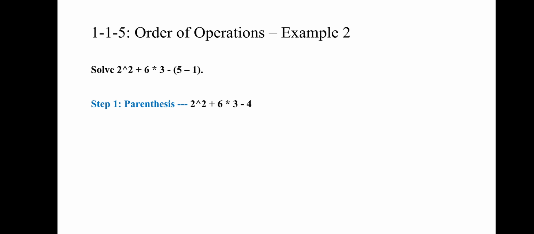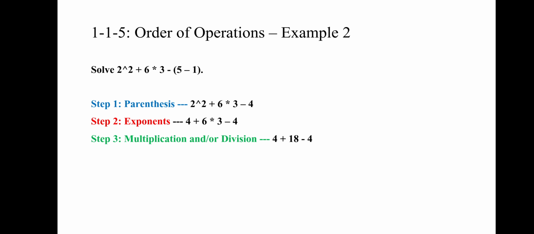So 2 squared is equal to 4. So it's 4 plus 6 times 3 minus 4. Step 3, we multiply or divide. 6 times 3 is 18. We have 4 plus 18 minus 4. Then the final step, step 4, is addition and subtraction. So 4 plus 18 is 22, minus 4 is 18.